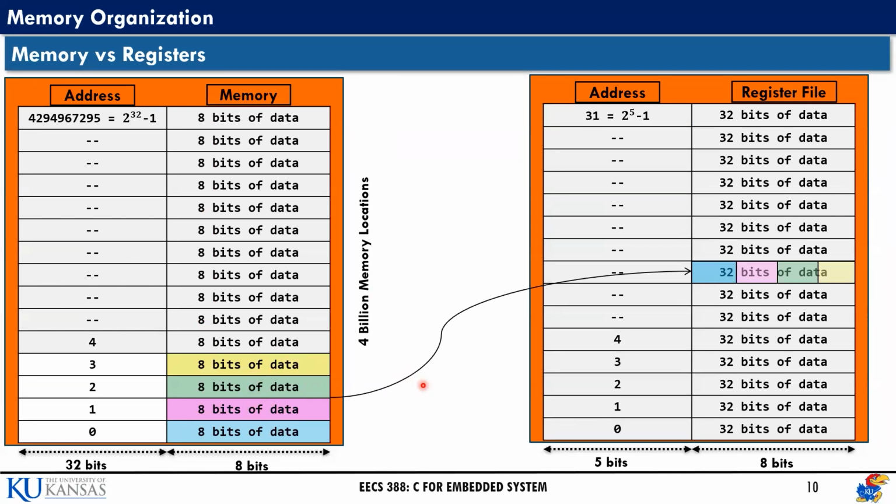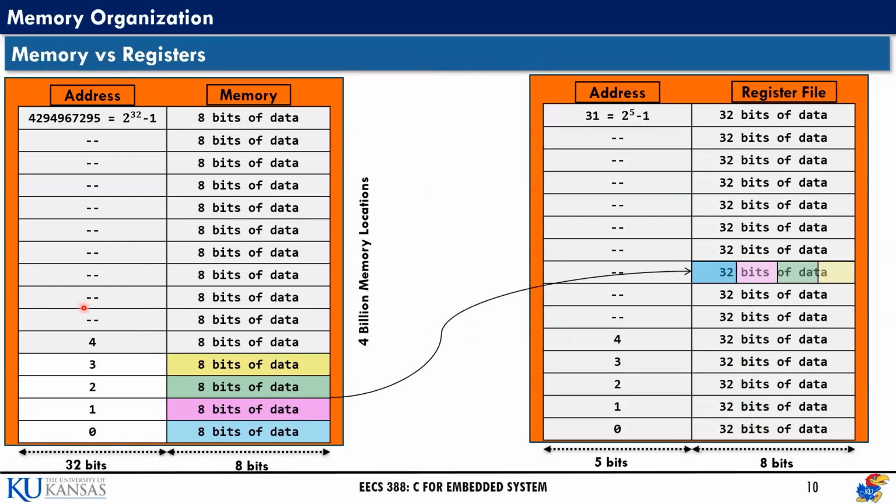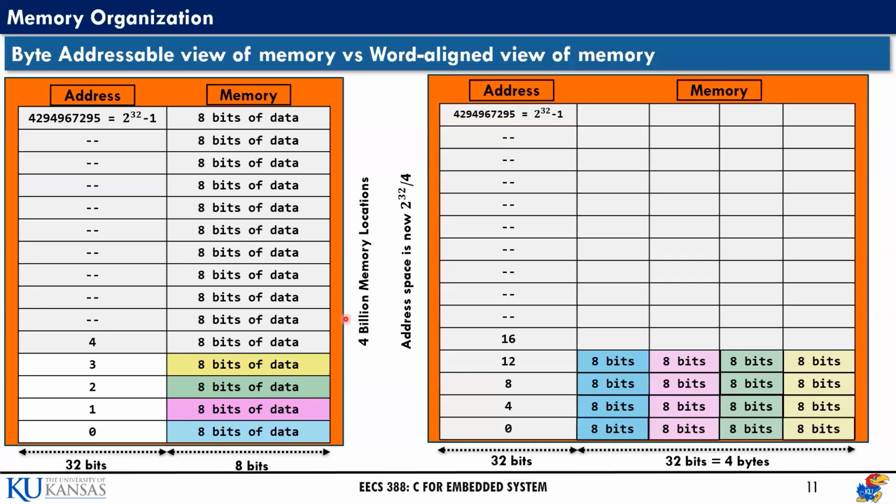Yeah, there is one possible solution. Instead of this 8 bits of memory, now we have the word aligned view of memory. That means in address 0, we have a total of 32 bits of memory, that is 4 bytes.